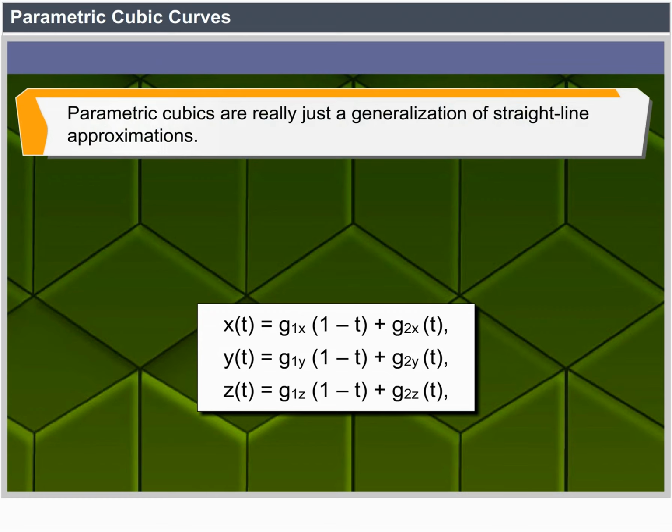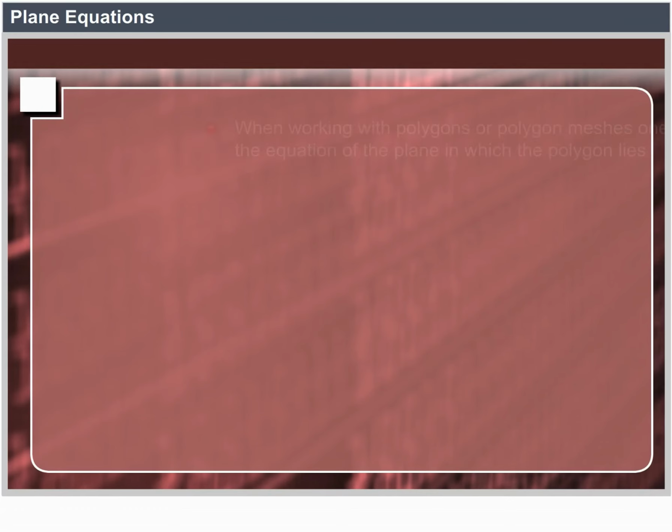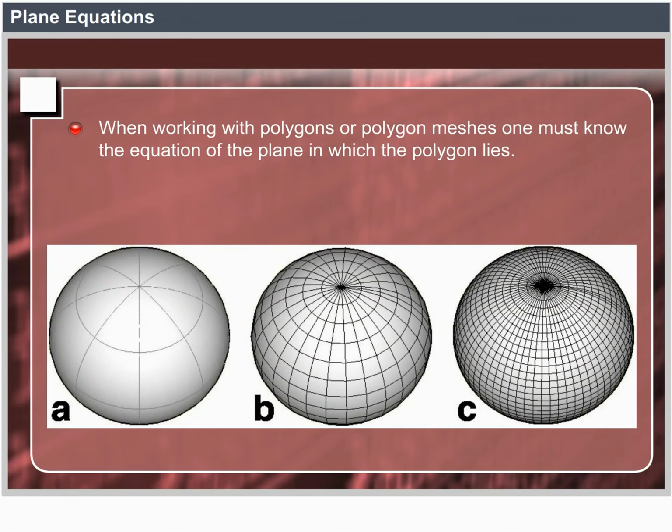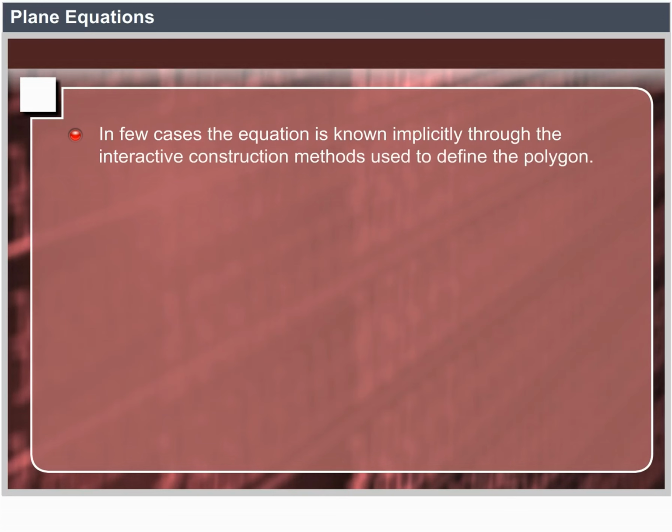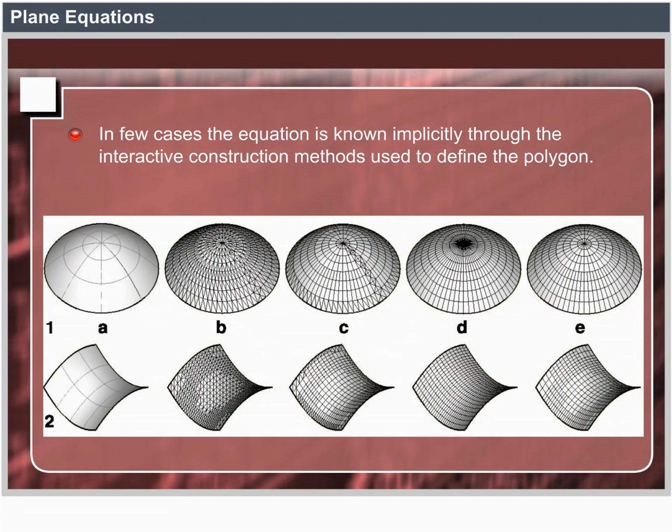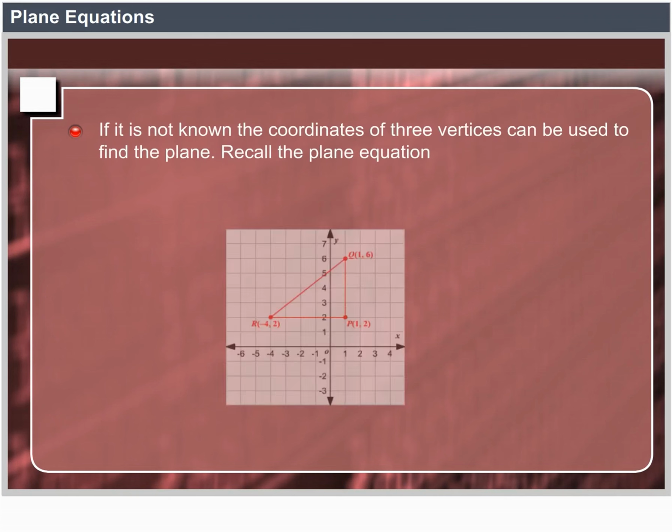Plane equations. When working with polygons or polygon meshes, we frequently need to know the equation of the plane in which the polygon lies. In some cases, of course, the equation is known implicitly through the interactive construction methods used to define the polygon. If it is not known, we can use the coordinates of 3 vertices to find the plane.